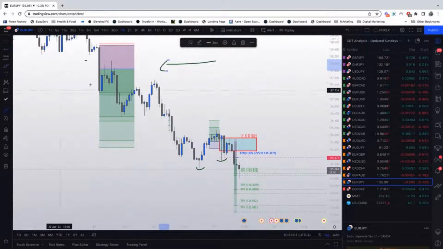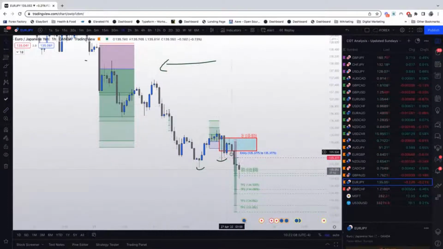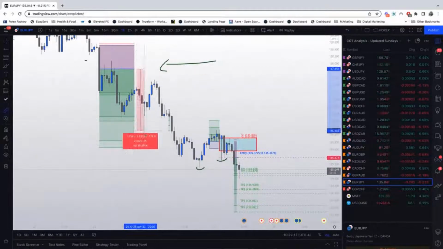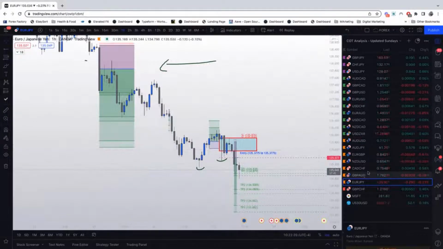If you've been selling Euro JPY since up here, you're up 276 pips, 280 pips, depending on how you're taking this trade, because this gave at least 200 pips from the 1 hour time frame, which really doesn't matter, right? Because you're looking at risk to reward, right? I don't care how many pips you bought. How much did you risk? How many pips did you risk?